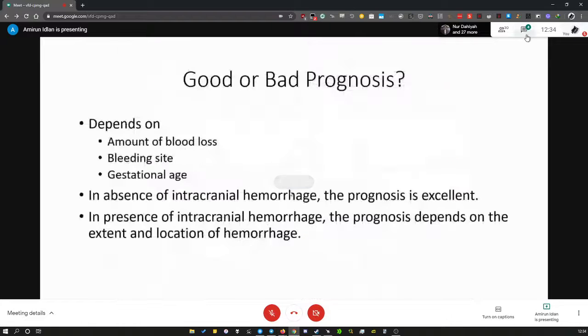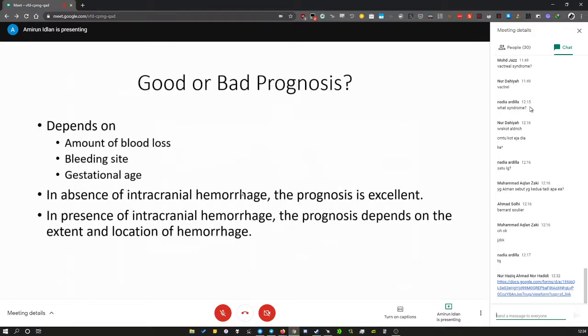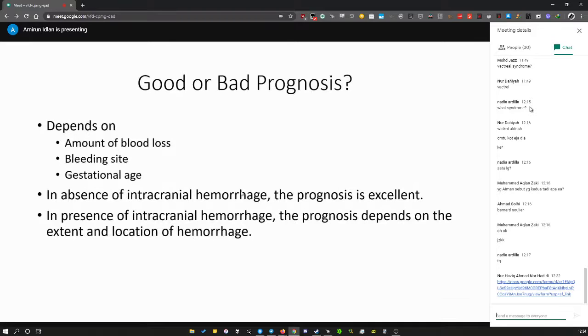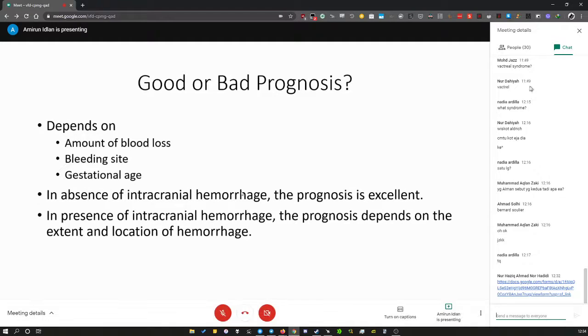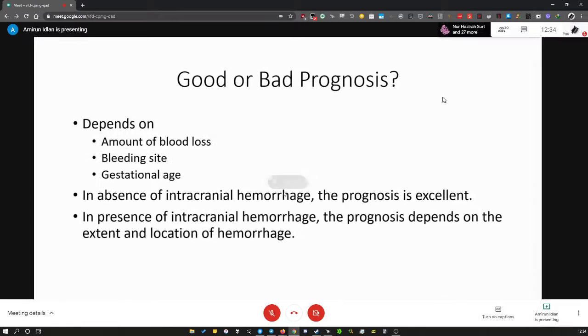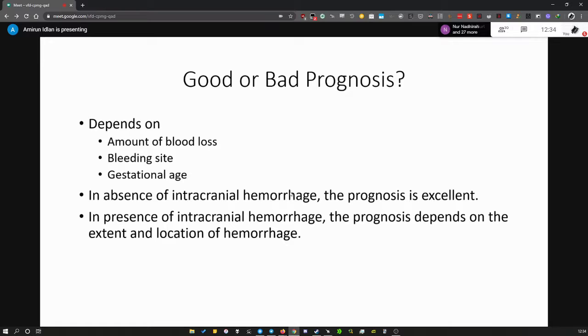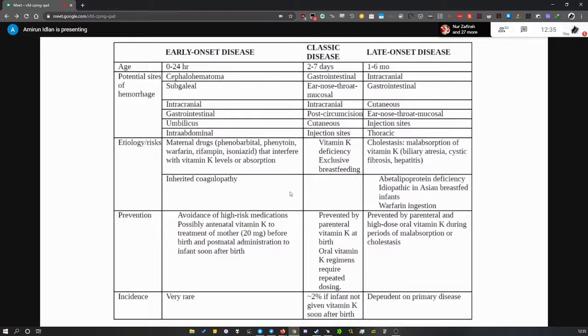So in intracranial hemorrhage, we must be aware of any motor or neurological deficit later on, and the mortality rate also increases. Okay, that's all from me. This is my summarized table from Nelson that summarizes my presentation. This is my reference. Thank you.